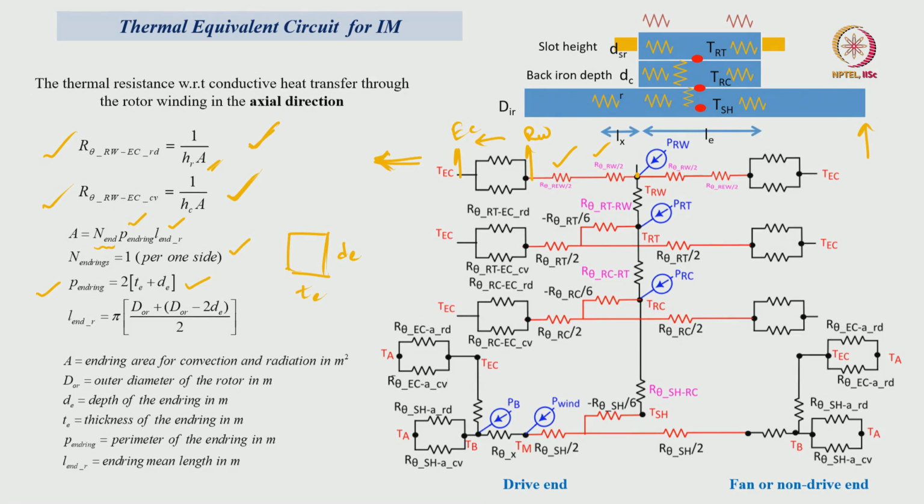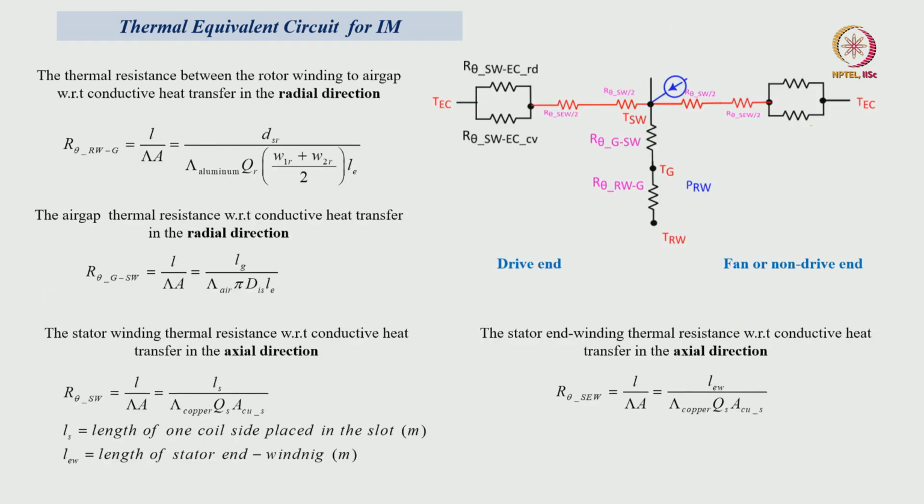If we split into 2 parts, one side will be 1 end ring, and the mean diameter of the end ring is nothing but pi into (d1 plus d2) by 2. So, with that we can calculate the resistance with respect to convection as well as the resistance in this network.